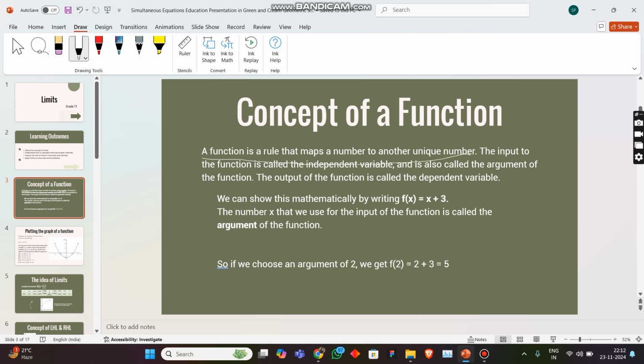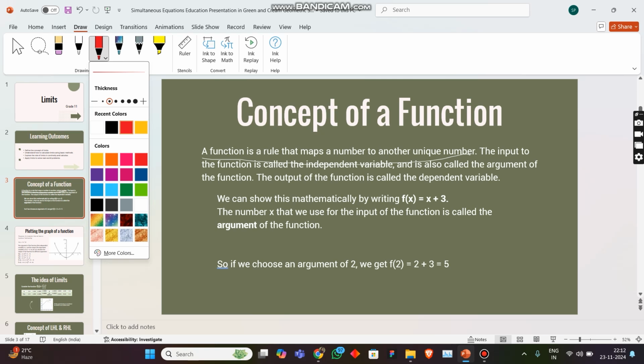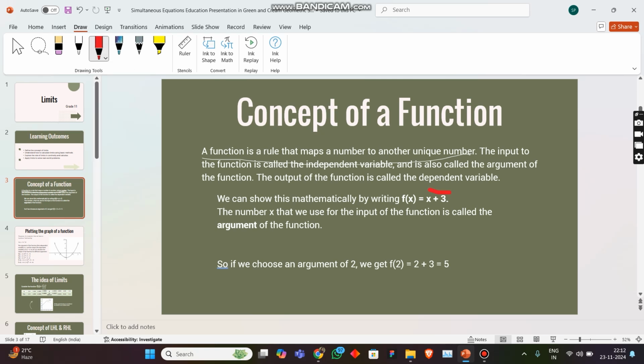But sir, you will say that this is very hard to understand. So let's understand with an example. Suppose we have a function f of x equals x plus 3.